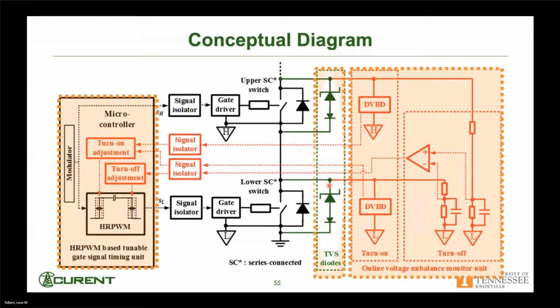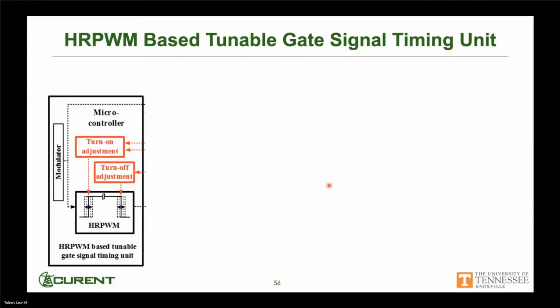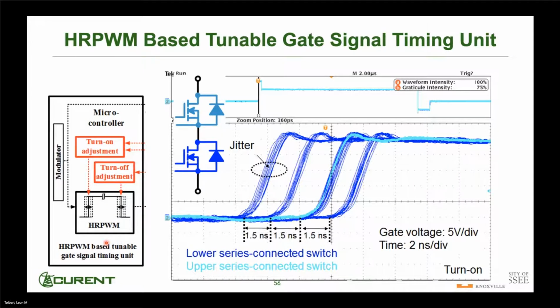And this is just highlighting the different things that I just talked about. Okay, so again, this very high resolution tunable gate drive signal timing circuit. This is showing an adjustment. We couldn't quite do a nanosecond. I think what we did was about 1.5 nanoseconds, and showing that we could adjust that in about 1.5 nanosecond increments.